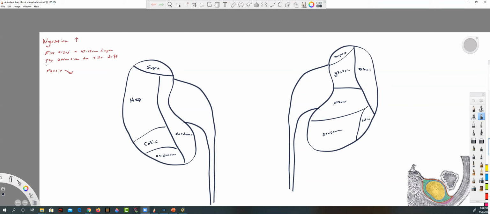Pay attention, and I'm trying to stick to the order of the book here. So if it seems like I'm jumping around, it's not me, it's the book. We pay attention to any size differences in these two kidneys. Notice, by the way, this kidney's a little bit higher up. That's on purpose. Let's say my right kidney is 12 centimeters in length, and my left kidney is 10.